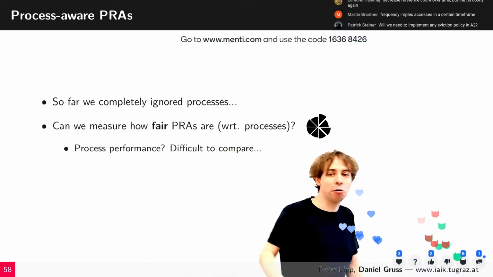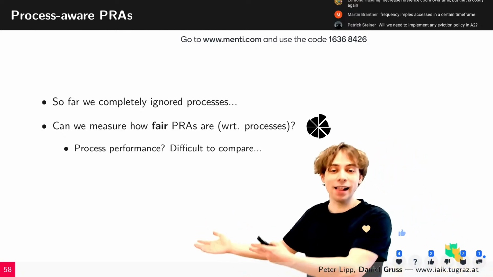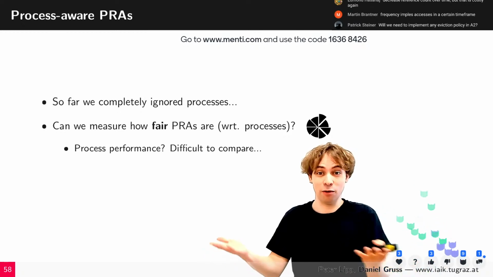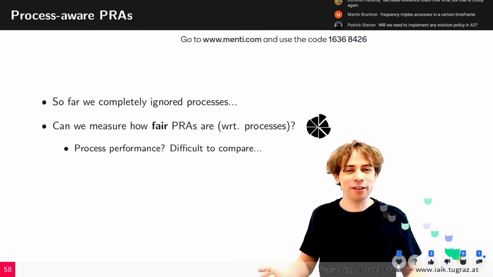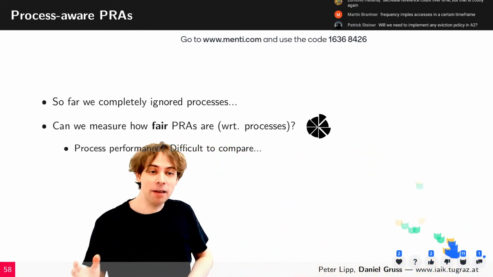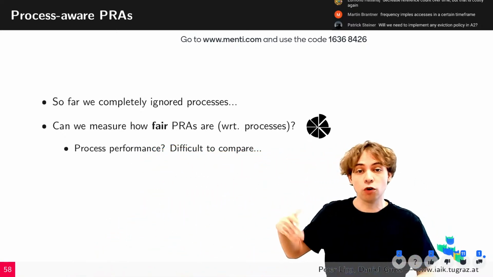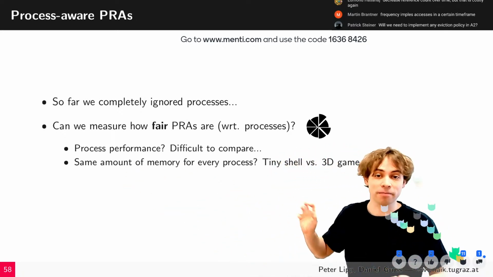Process performance. How do you compare the performance of GTA 5 to a calculator? Whose performance is better now? And you want to have them run at the same performance, so how would that work? Or maybe you could measure fairness as the same amount of memory for every process.